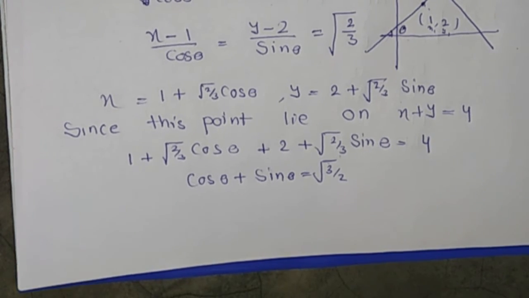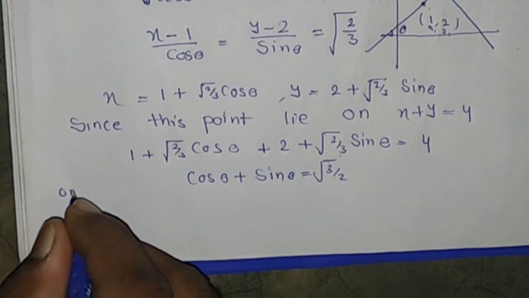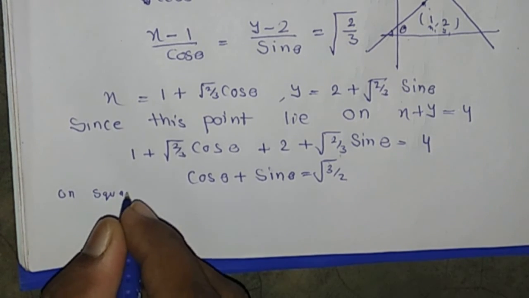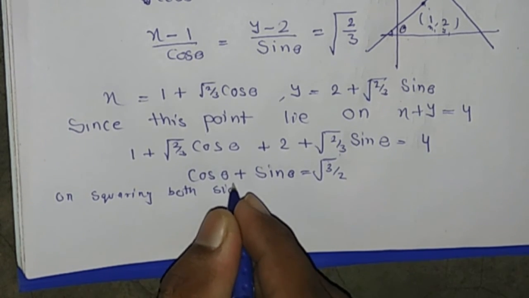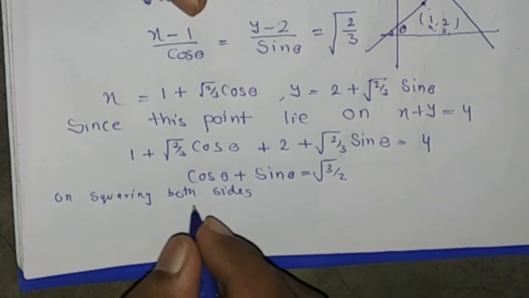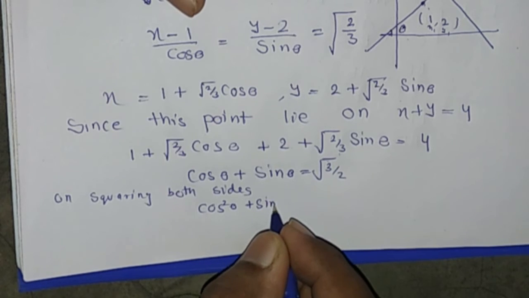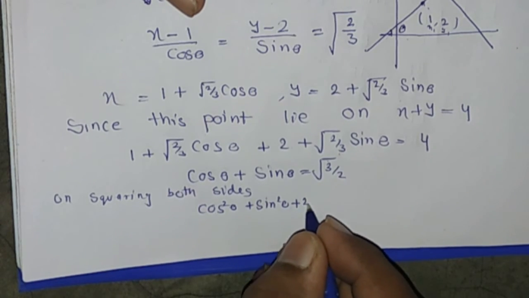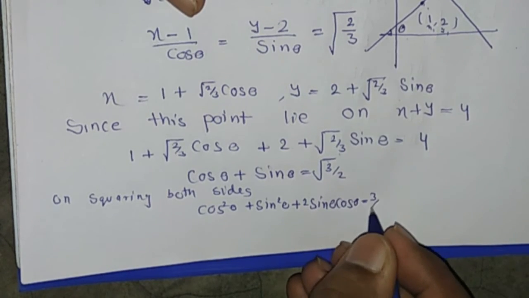Now on squaring both sides, we have cos square plus sin square plus 2 sin cos equal 3 by 2.